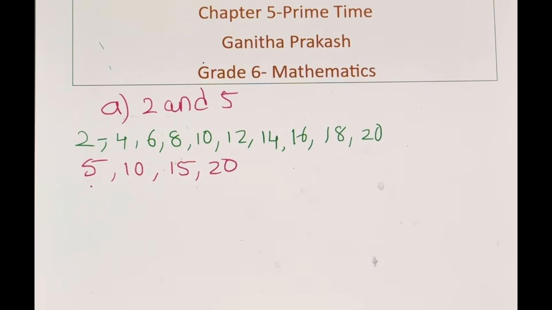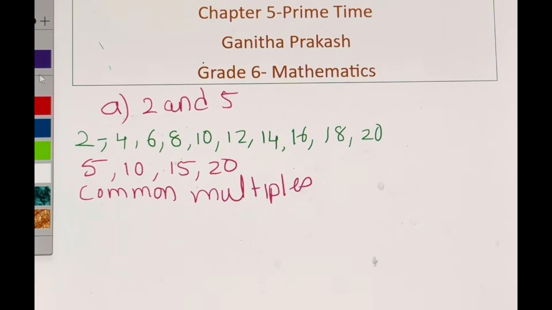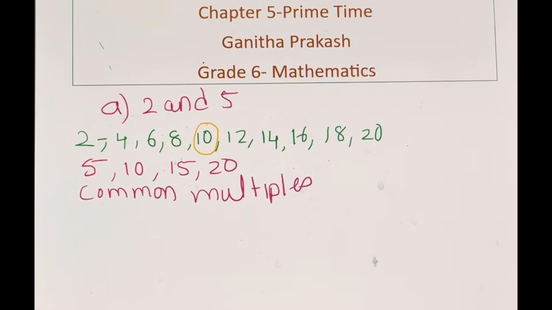Okay. So what are the common multiples? Can you see some common numbers in this? So you can see here 5 is not there, but 10 is there in both. So at all these places idli will be said, 2, 4, 6, 8, 12, 14, 16, 18 idli, and 5, 15 will be vada, and 10 and 20 will be both idli vada, because they are the common multiples.